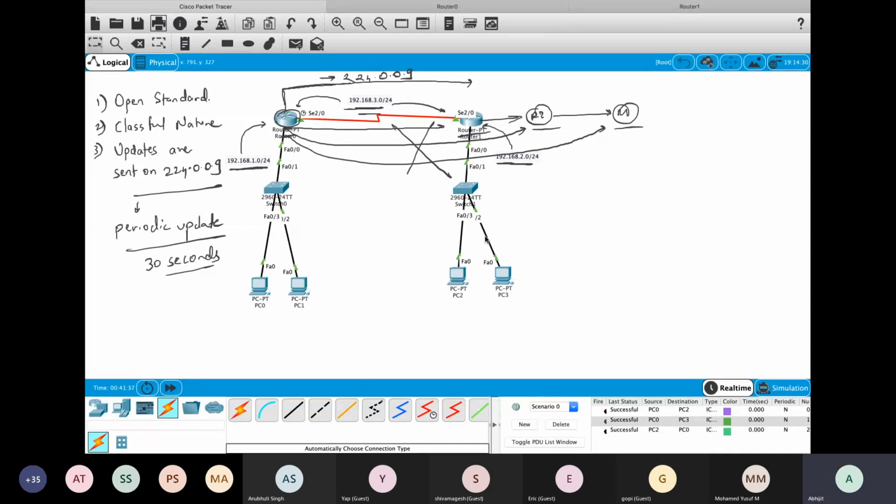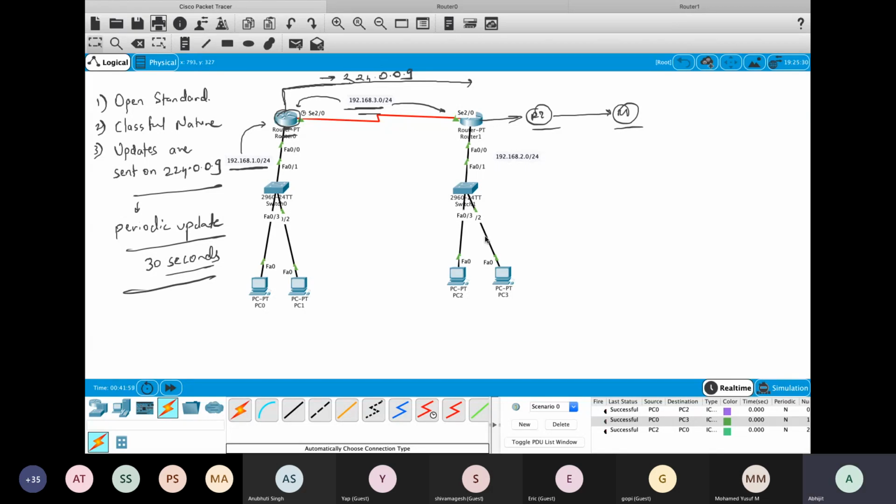And any router that has the routing information protocol configured on it is going to receive that particular routing update every 30 seconds. And by the way, this is one of the biggest drawbacks of routing information protocol: it sends periodic updates every 30 seconds, and that's why it consumes unnecessary bandwidth.